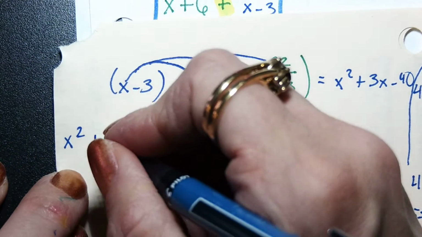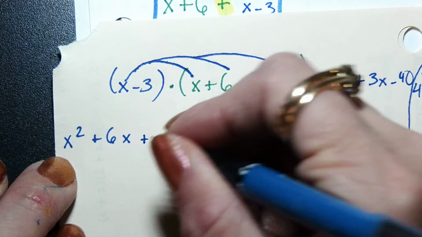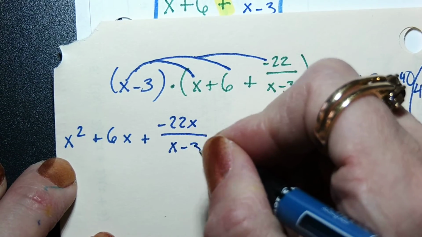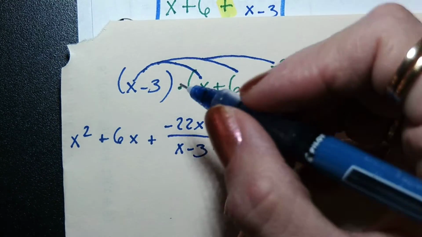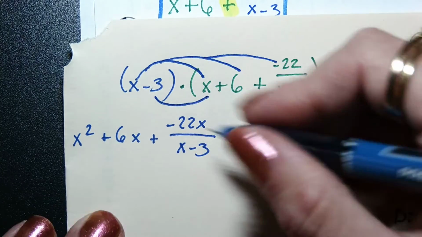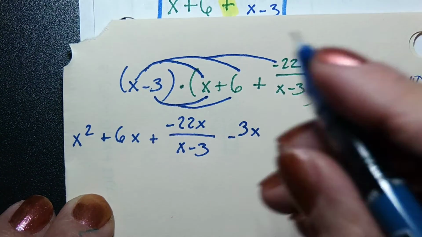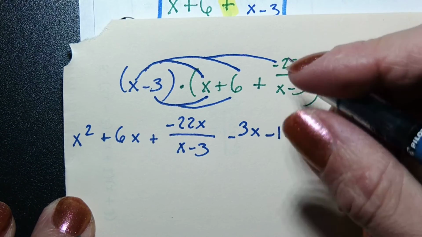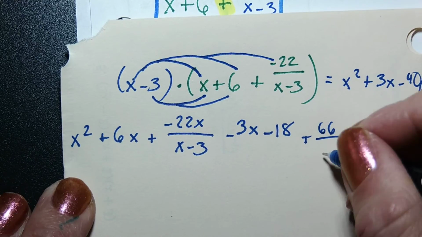X times 6, 6x. X times that business, that business. We're going to put the x up with the 22. Does everyone see what we did there? Yeah. So now, negative 3 times x, negative 3x, negative 3 times 6, negative 18, and then negative 3 times 22, that's 66, over x minus 3.